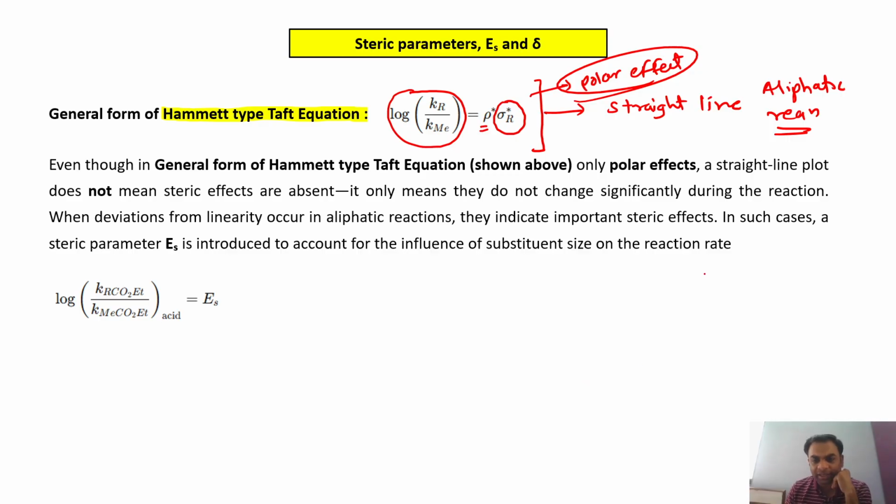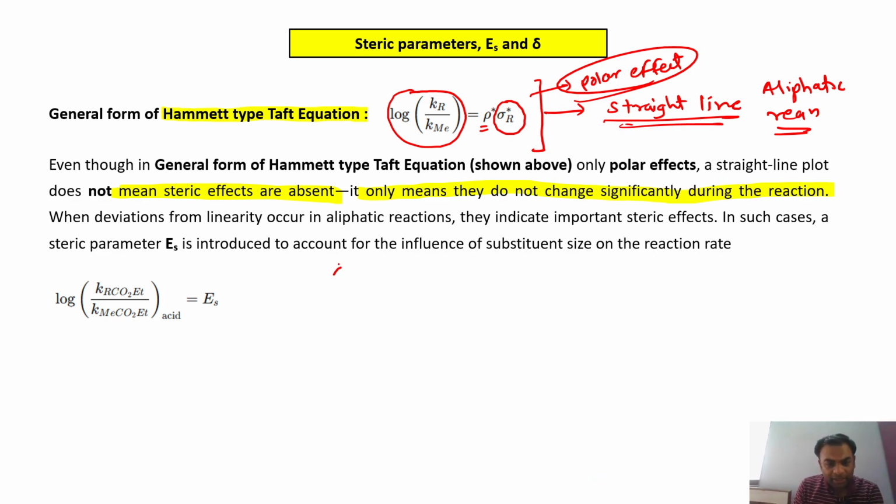It doesn't mean that the steric effect is absent in such cases. It only means they do not change significantly during the reactions.